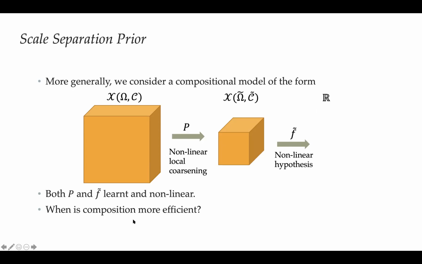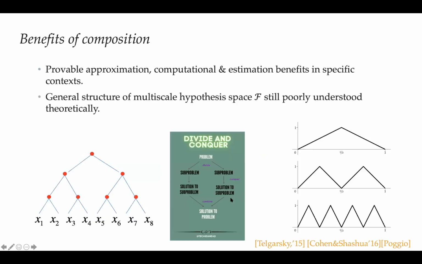Okay, so a natural question, of course, is that we introduced this compositional model. When can we actually argue that this compositional model is more efficient? Here we can really argue in terms of particular examples.